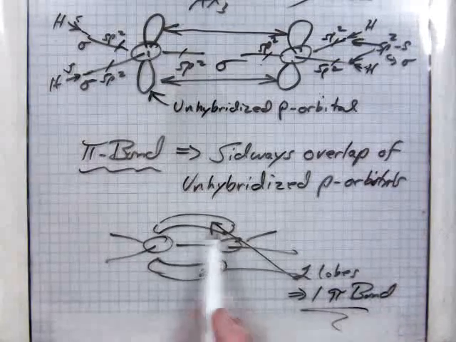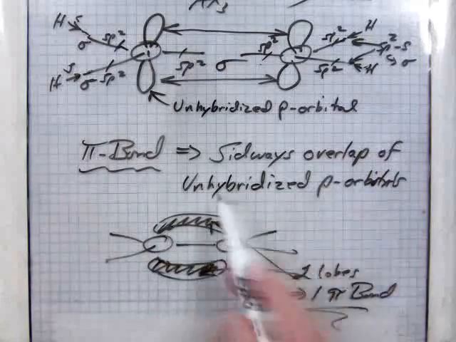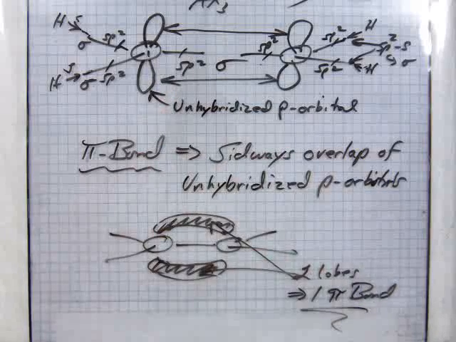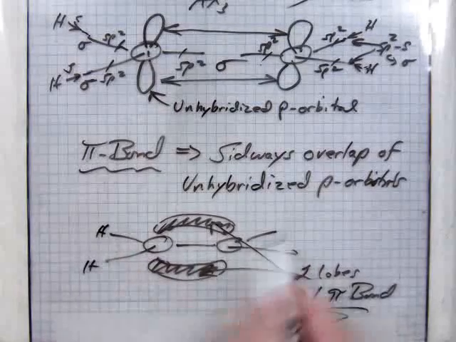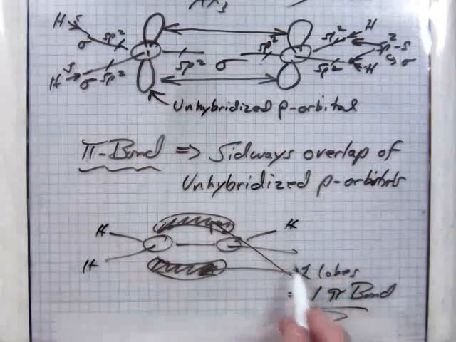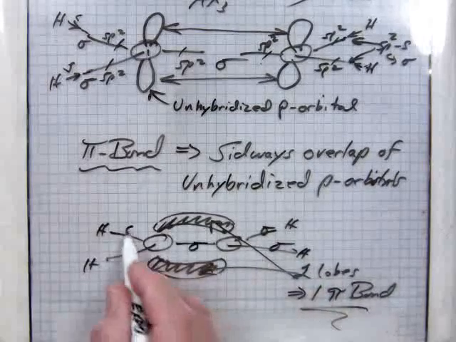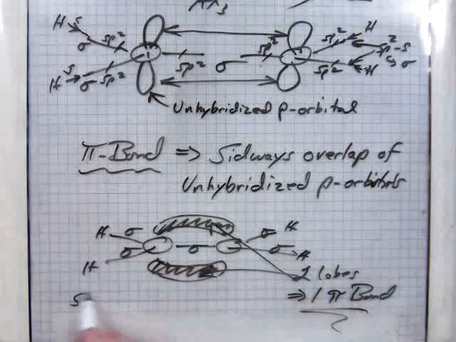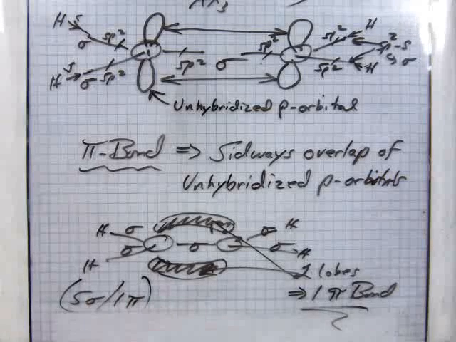So a pi bond is the sideways overlap of unhybridized p orbitals. Now the rest of the structure is all sigma bonds because they have those lines of symmetry. So this ethylene has 5 sigma and 1 pi bond structure in it.